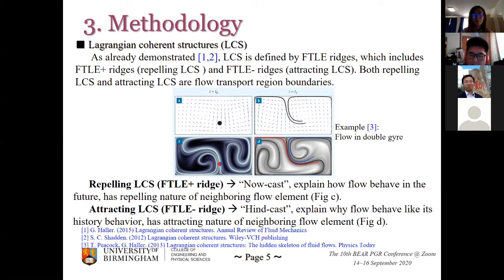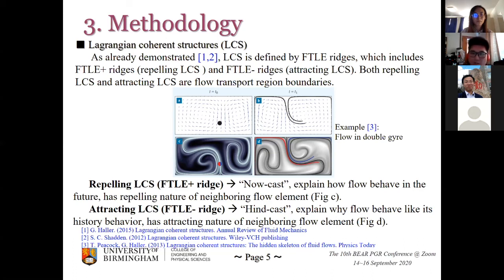For the backward FTLE or the attracting LCS, that means at time 1, I use the velocity field from time 1 going back to time 0. So that means I use history data to understand why the flow behaves like this.